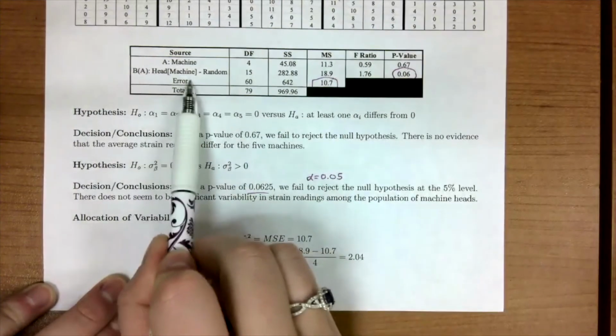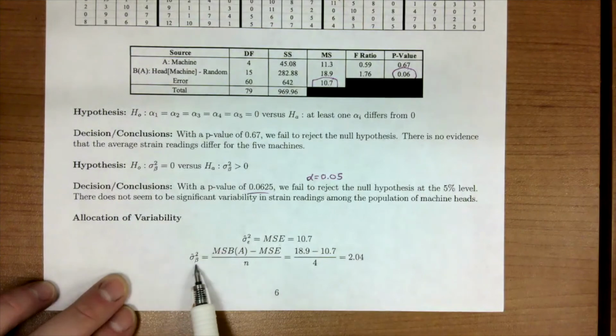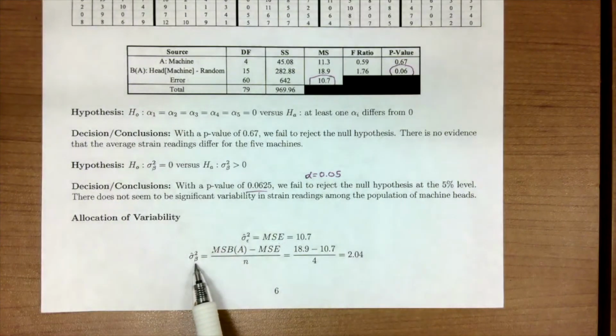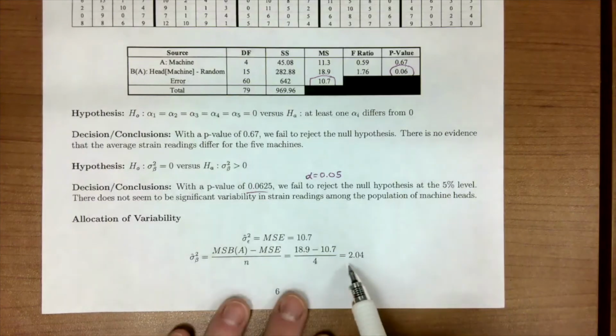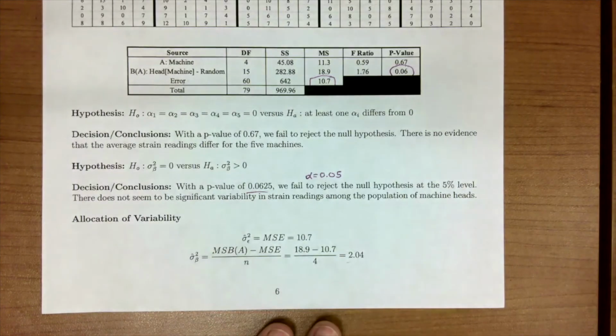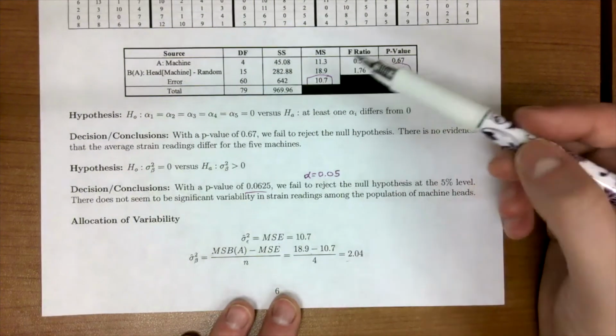You guys typically say residuals there. Then we can look at our variance estimate for our random effect, the nested effect from machine head to machine head, and we can calculate this as 2.04, where these numbers are coming from this ANOVA table.